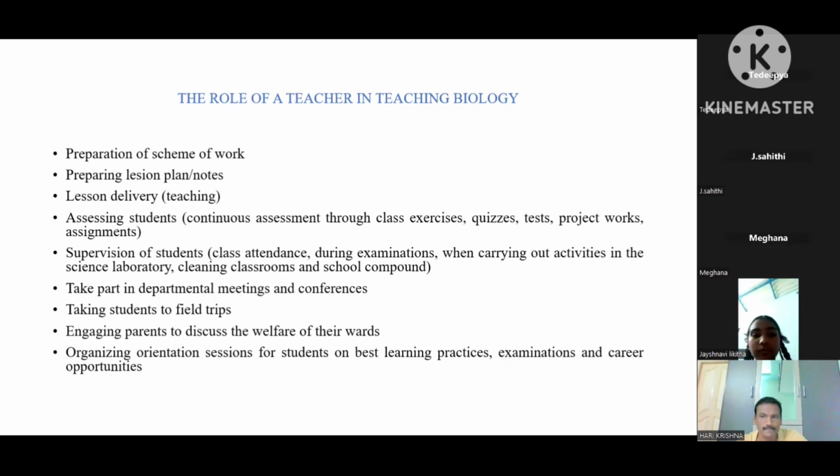Again, I engage the parents of my students to discuss their welfare. As a biology teacher, a lot of students in class have a variety of problems, and it is my responsibility to study my students carefully and diagnose some of these problems.